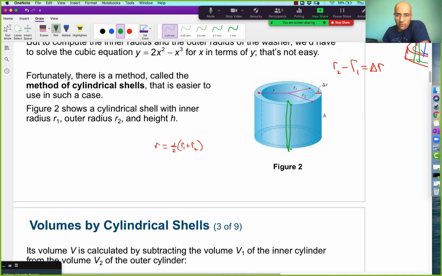If I cut it right there and roll it out, what I would get is this little rectangle that would look like this. It would have this on its edge, and then it would be this long piece like this.